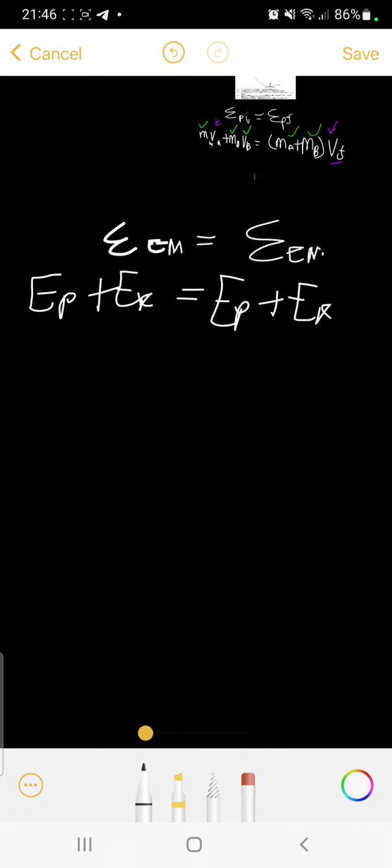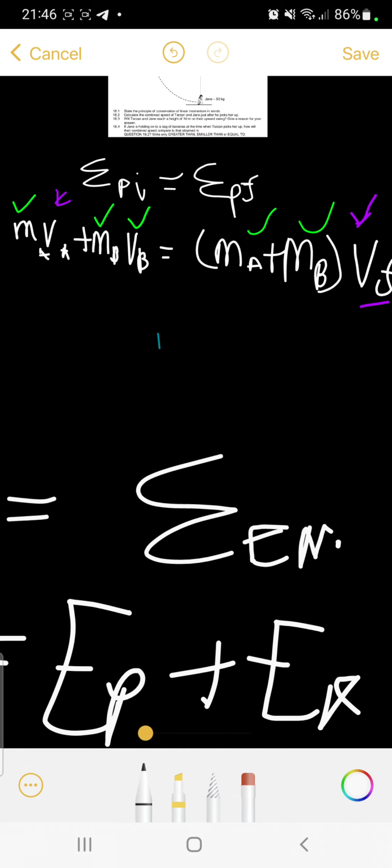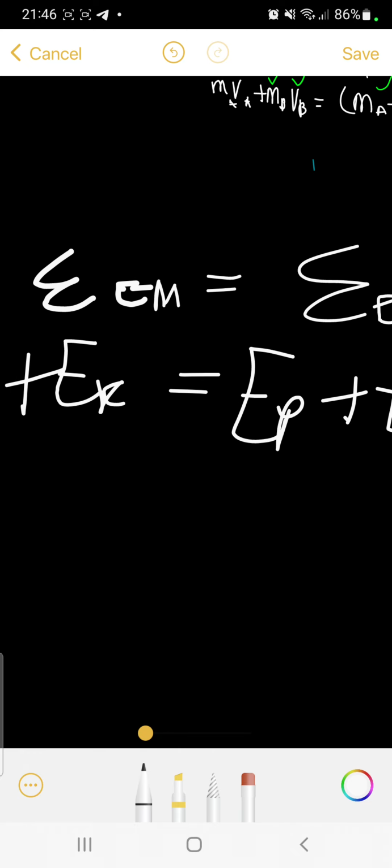Once we have that, we need to understand something. What are we actually looking for here? What we're looking for is the V of Tarzan. If you look at it properly, we have his mass.